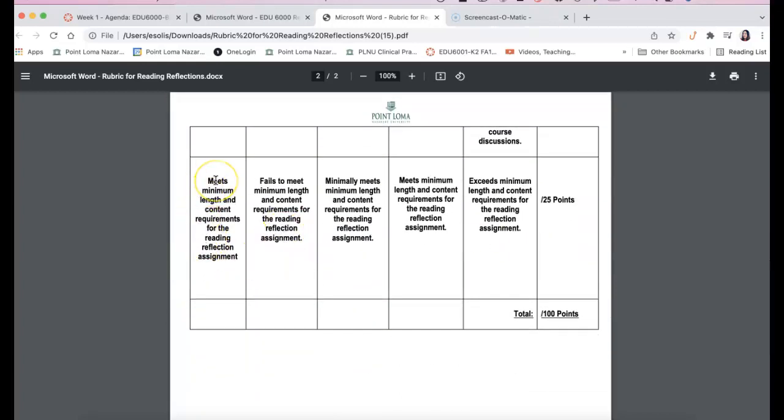And does it meet the minimum length? My rule of thumb is that for every chapter that is assigned, you write a page. So you read one chapter, you have 1 page. If you read 2 chapters, then you would have another page.